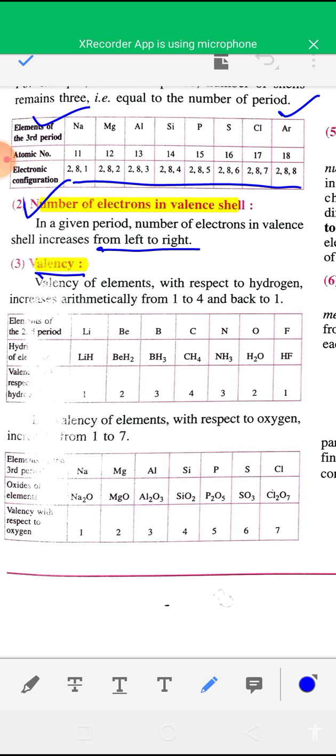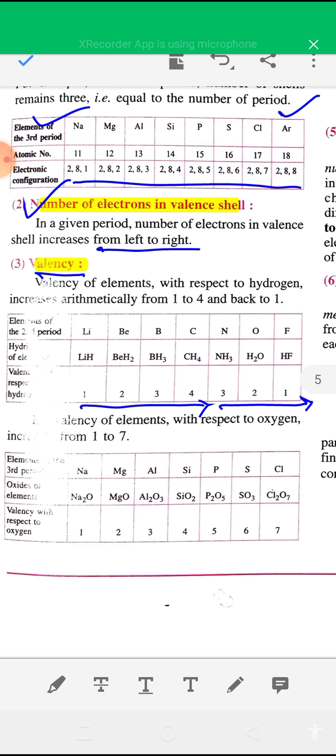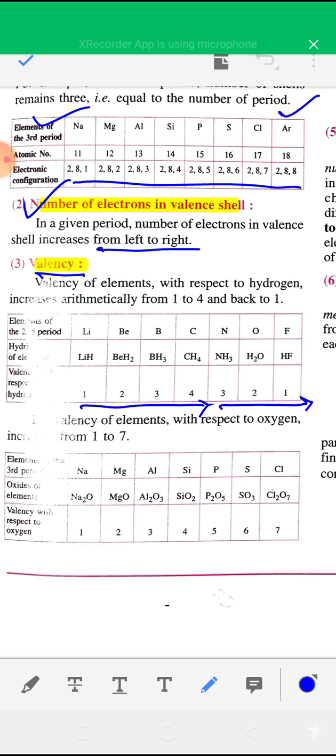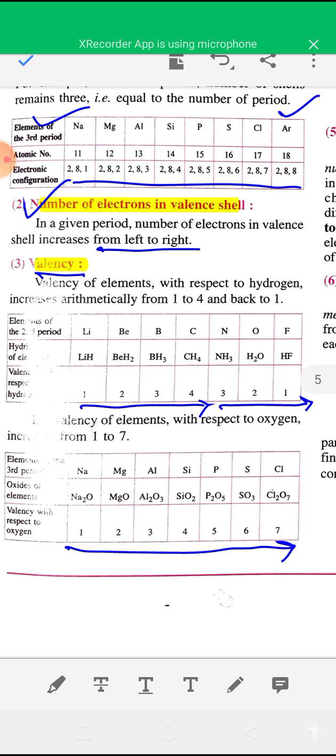You can see here, valency with respect to hydrogen first increases up to carbon, then valency of elements in the second period decreases from nitrogen to fluorine. So valency of elements in a given period first increases then decreases in terms of hydrogen. In terms of oxygen, valency of elements increases from group 1 to group 17.